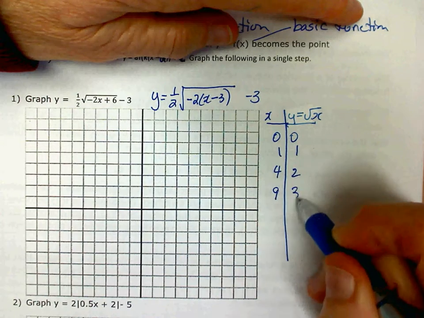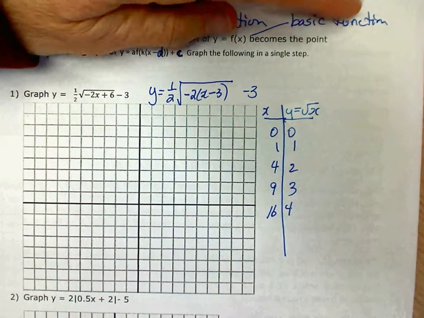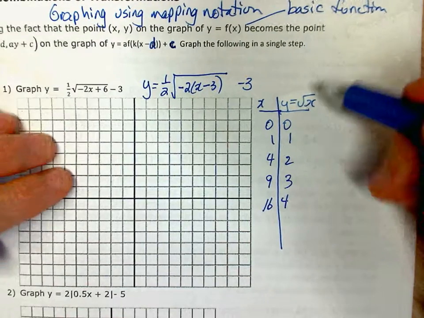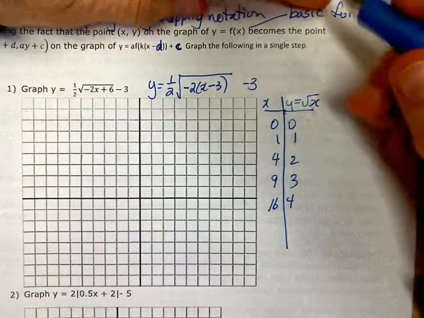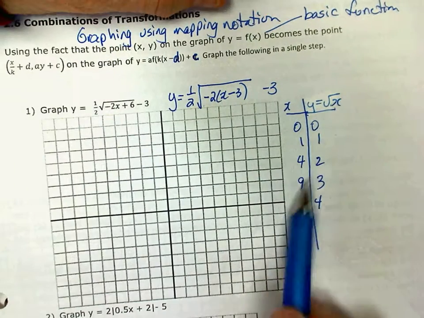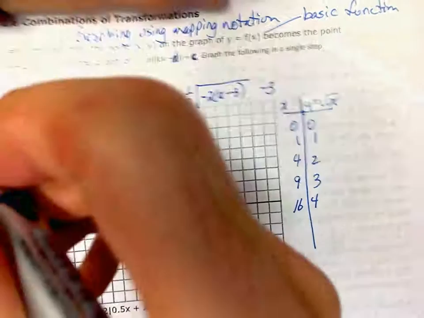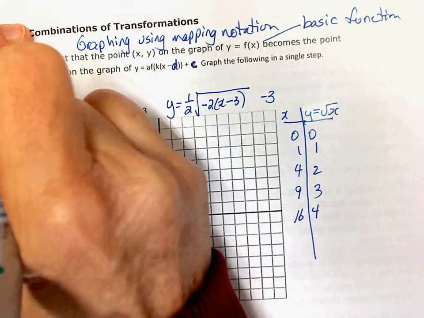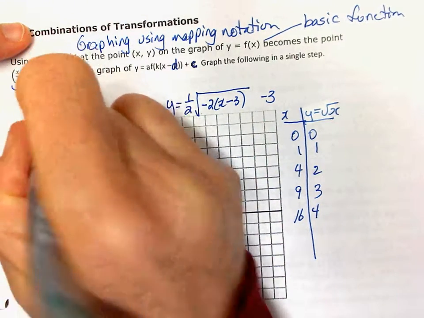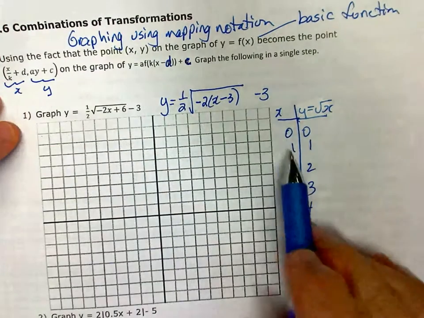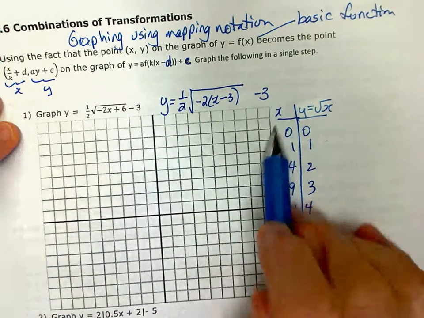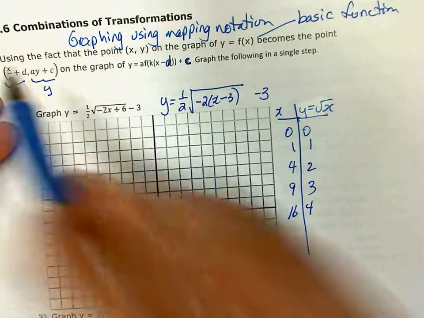Okay, if we want to now use mapping notation for this function, we're going to plug all these values into here. This is your x value, this is your y value, okay? So this x value of 0 gets transformed using this, y value of 0 gets transformed using this.